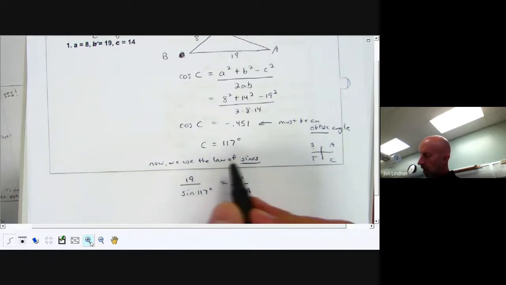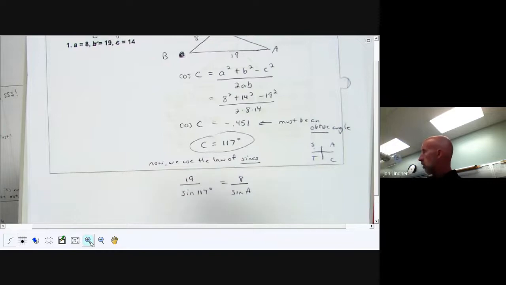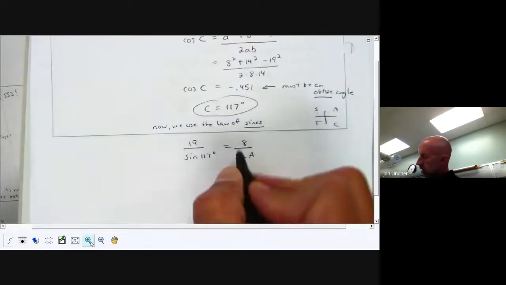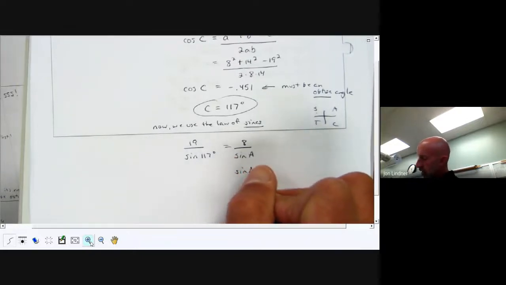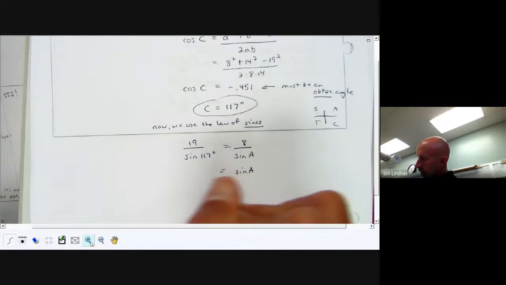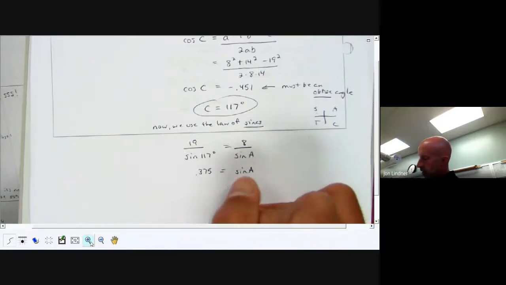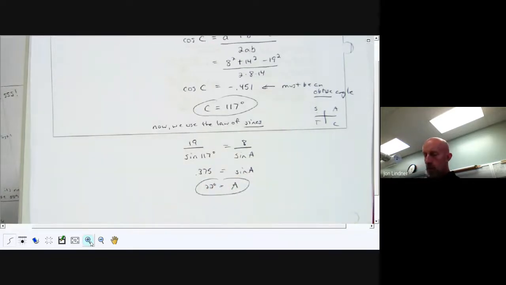Remember, right now, I only have one angle. Okay. That's all I've got. So I've got to use the law of sines to find us another angle. And when I do my cross multiplying and my calculations on the calculator, I find out that the sine of A equals 0.375 and A is 22 degrees. All right.